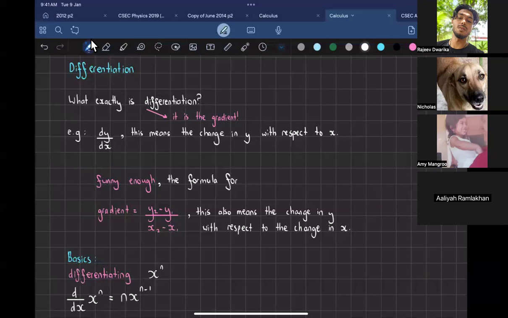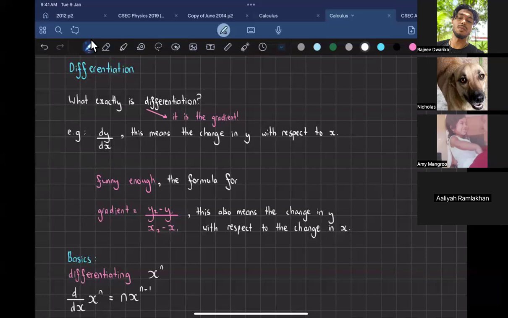So Amy, I want you to look at how we would differentiate x to the power n. x to the power n is just a polynomial, like x to the power 3, x to the power 2. If you wanted to differentiate that, you would pre-multiply the function. So I would multiply the function by the power, and then I would minus 1 from the power.